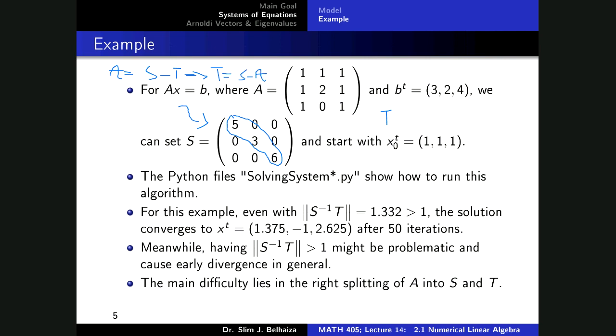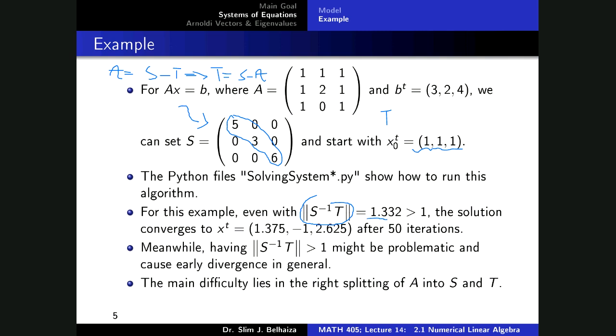Got it? So here I've chosen S to be 5 0 0 0 3 0 0 0 6, and I start with the initial vector 1, 1. With the Python file I will upload, we show how to run this algorithm. In that case, you see that when you multiply the inverse matrix S by T, you get a norm of 1.332, which is quite close to 1.